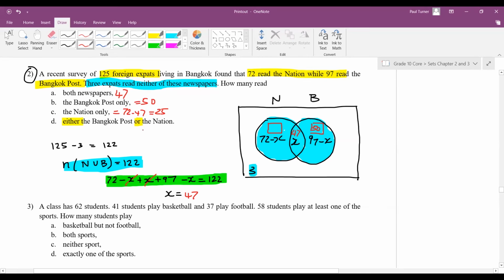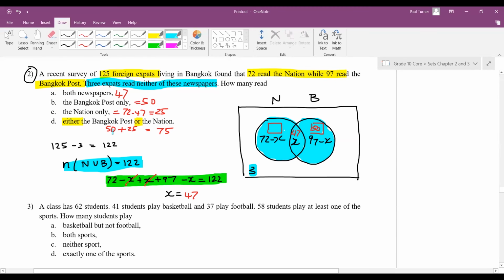So that would be 50 plus 25. So the Bangkok Post only is 50 plus 25 will give you 75 for one or the other, but not both.